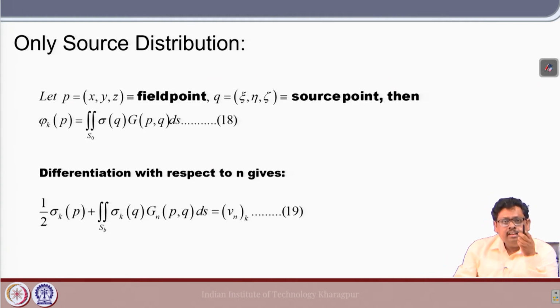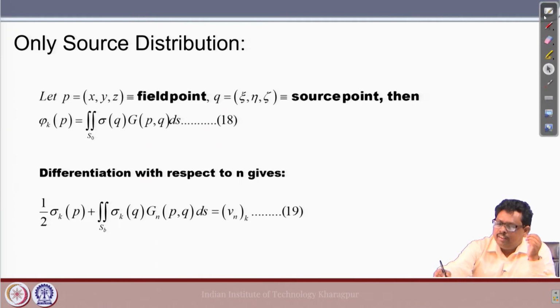Now, if you look at this equation, you can see there are 2 unknowns, right. Let us go back a little bit to our board work.